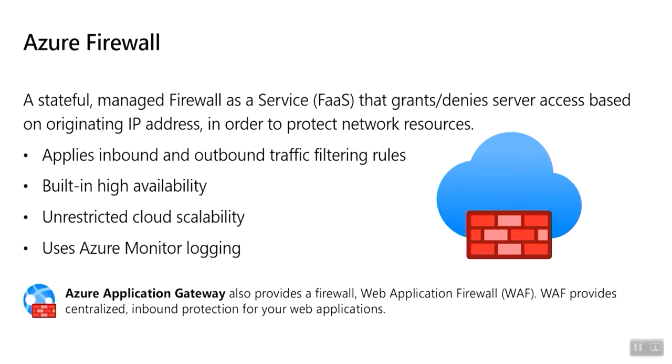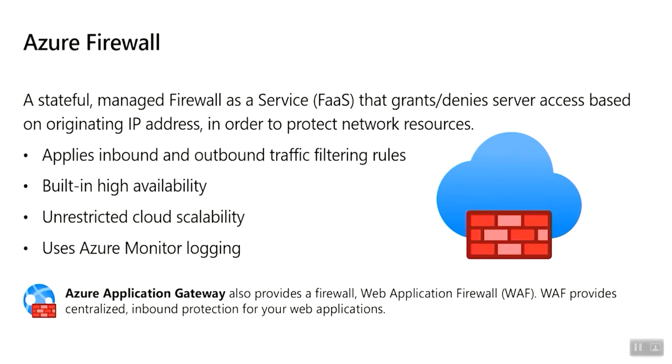So firewall, it's your first line of defense within perimeter. There is also the Azure Application Gateway, and what this is, is a load balancer that includes a web application firewall that's providing protection from common known vulnerabilities in websites. So really, this is there to protect your HTTP traffic.